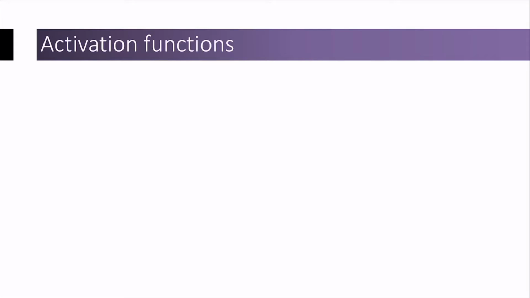A neural network without any activation functions is essentially linear regression. You've already seen the two activation functions that allow classification to happen rather than linear regression. These are called the sigmoid function and the softmax function. These activation functions are only really used in the final neuron of a neural network.